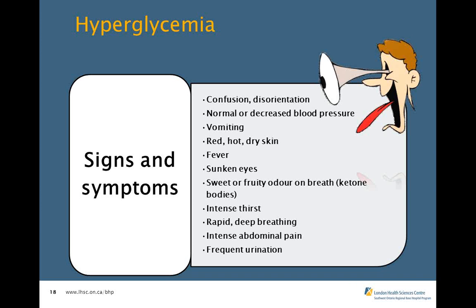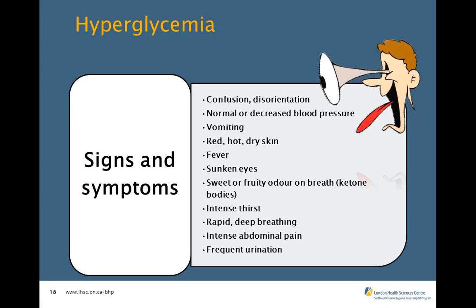Once the serum glucose level becomes high, the kidney isn't able to reabsorb all of the glucose that's filtered in the glomeruli, the filtering part of the kidney. It overwhelms the ability of the tubules to reabsorb all of the glucose, and therefore the glucose starts to get dumped out in the urine.